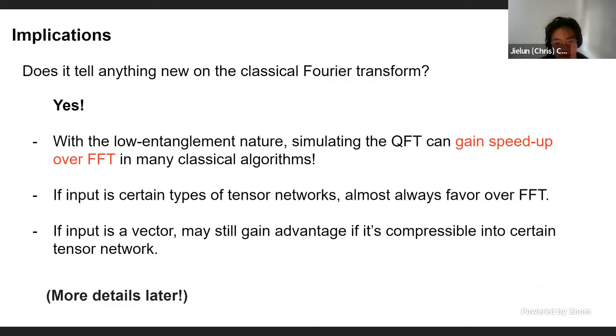So if the input is a vector, we can still gain advantage if it is compressible into a certain tensor network. So we can convert it into some efficient tensor network first, and then we can simulate QFT over it, and then we can still get some speed up. And I will explain with more details in the later section.